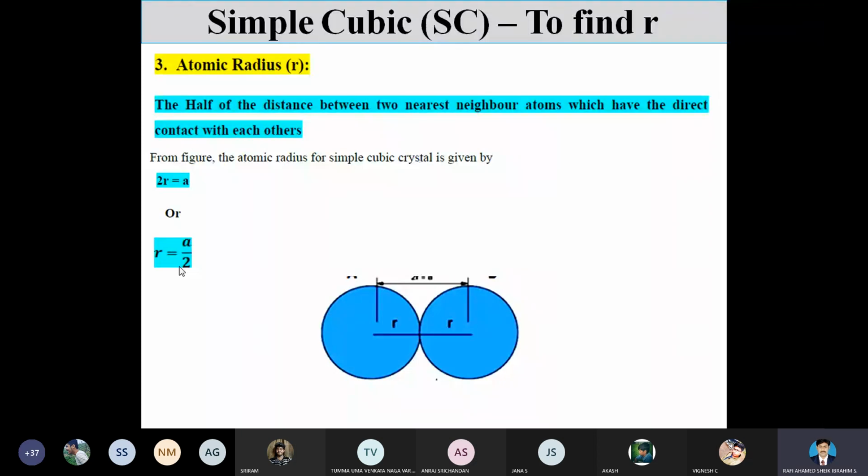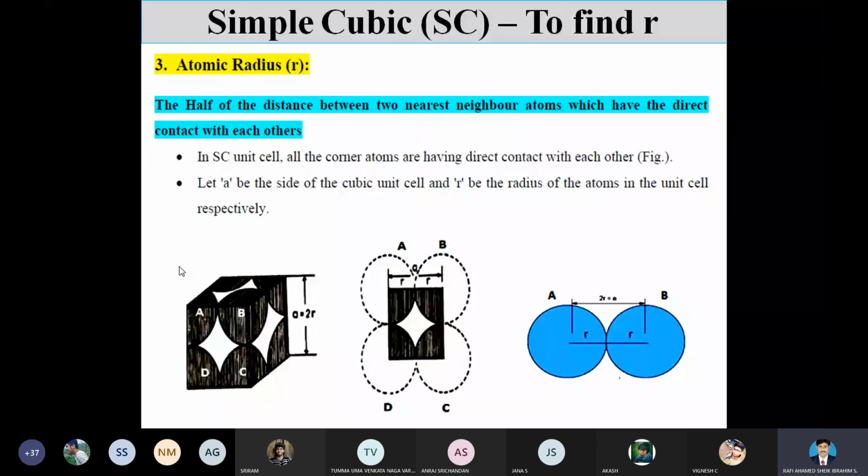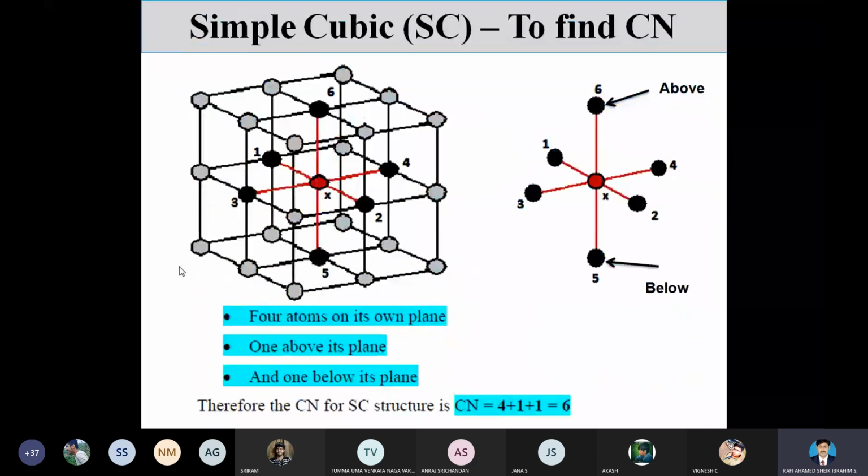We have to know the value of N, the value of Cn, and the value of R. Because without these three parameters, we can't conclude this concept. We can't say that this much of atoms are occupied in the unit cell, and this much of atoms are vacant in the unit cell. So to define the availability, we have to know these three parameters. So let's see these three parameters again.